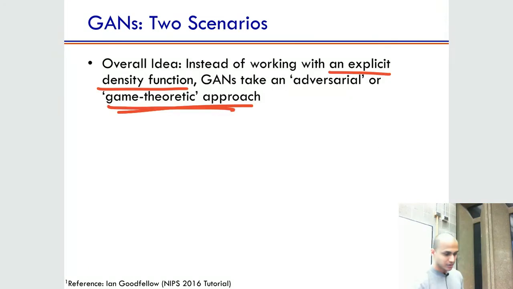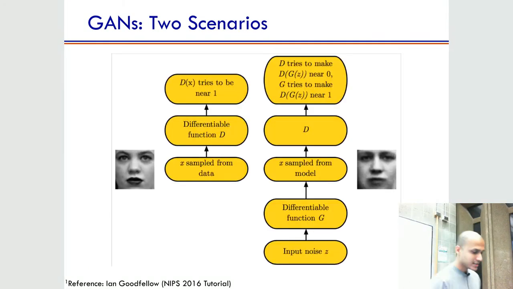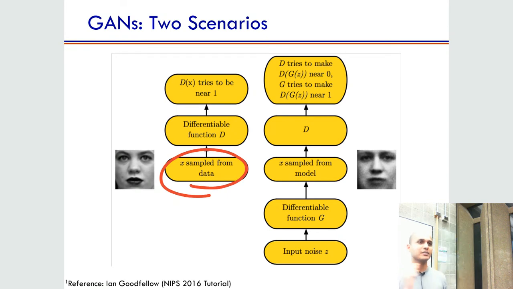And the procedure is going to be game theoretic. Before discussing the game theoretic idea, let's say X is an observation. If I sample an observation from my data, sample just means pick an observation from the data, don't worry too much about the sample.